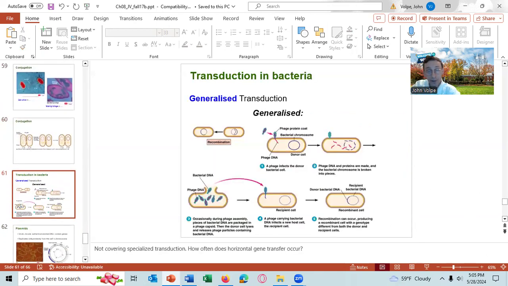And then the third way that cells can pick up new DNA is by transduction, where a virus moves DNA from one cell into another cell. Let me blow this slide up.